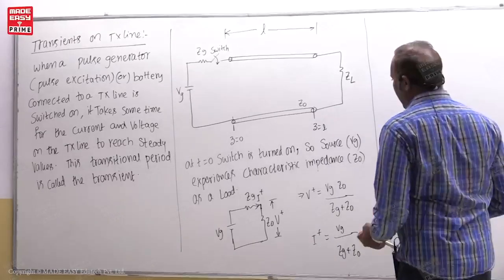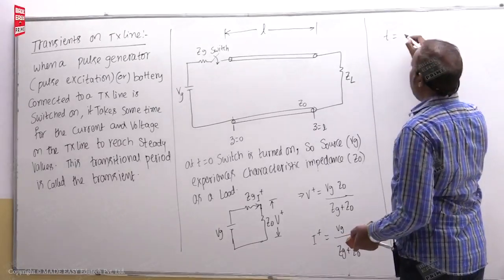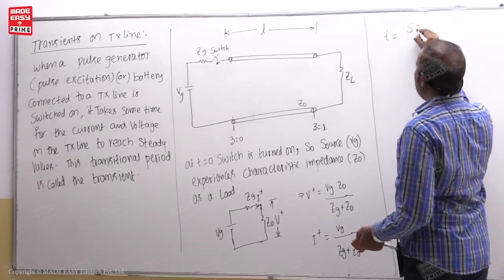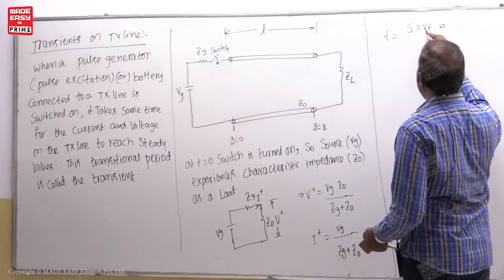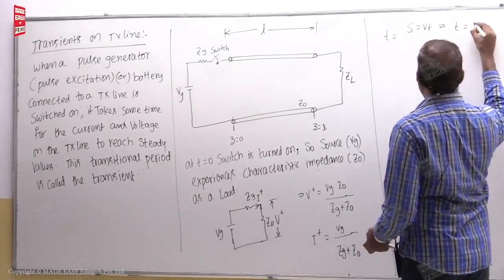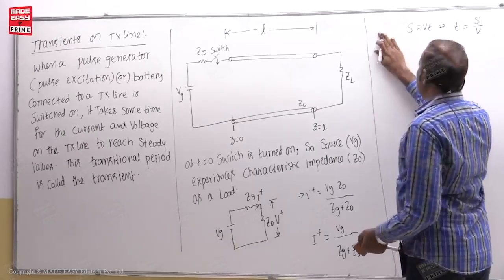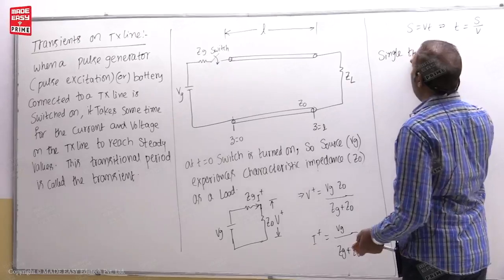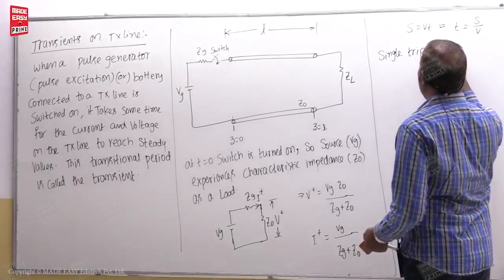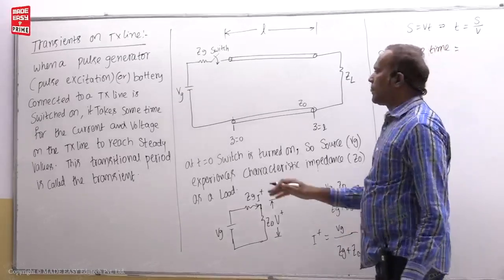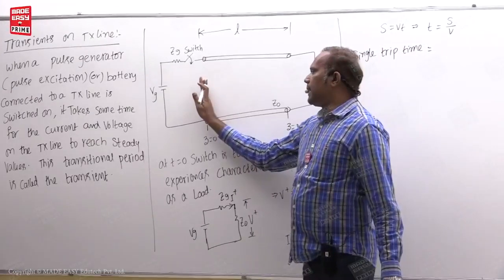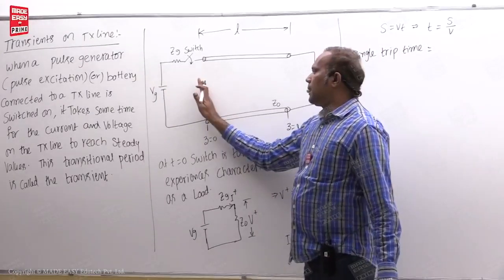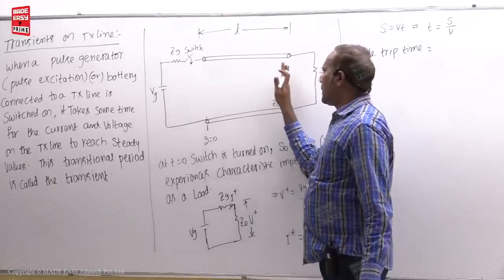Now if you see here, S is equal to Vt, that means time is equal to total distance traveled divided by velocity. So single trip time means at t is equal to 0 the signal is here, and after how much time it reaches the load.